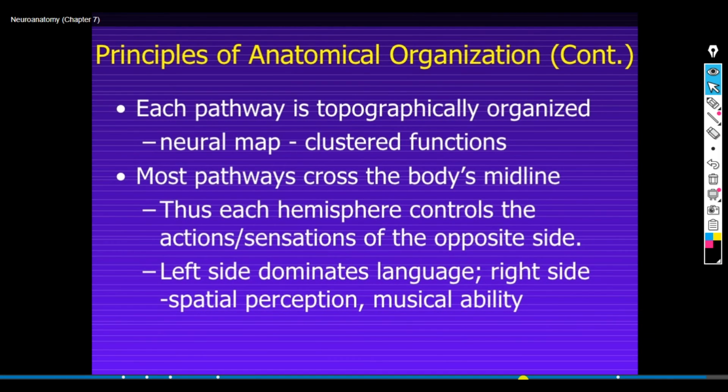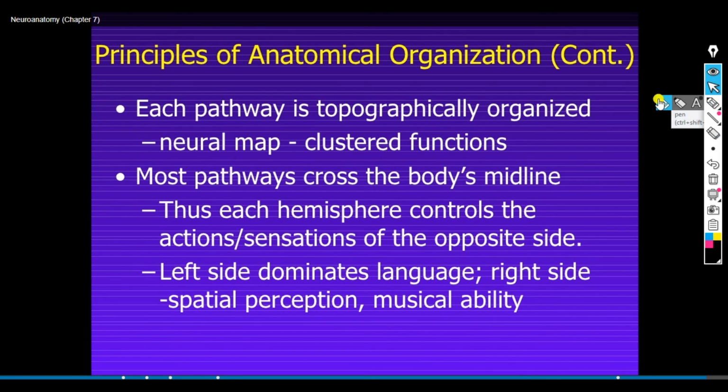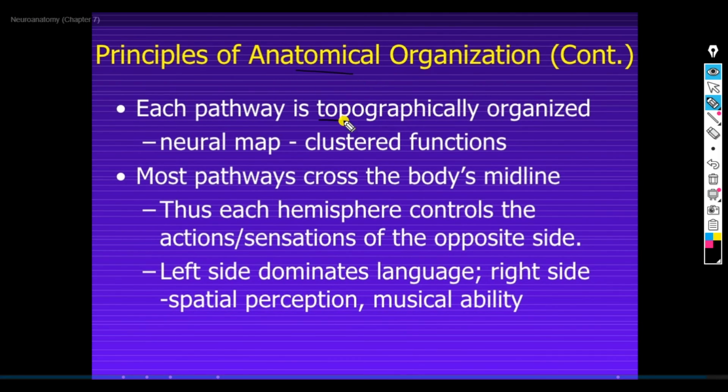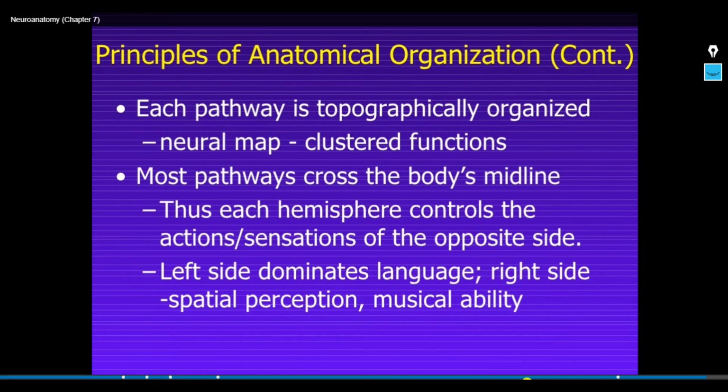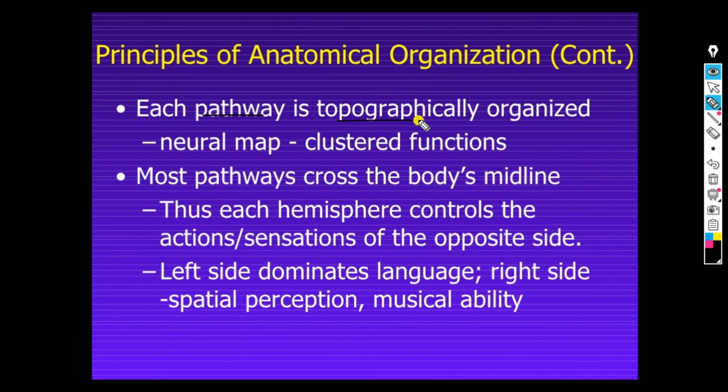Each pathway is topographically organized, known as a neural map. It has clustered functions. Most pathways cross the body's midline, which means, as I am drawing the cerebral cortex, cerebellum, and spinal cord, the tracts come from the cerebral cortex and others go to the cerebral cortex from the spinal cord.